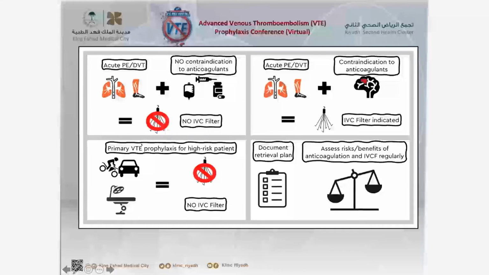The prophylactic group or the high-risk patient who can receive a prophylactic anticoagulation, like bariatric surgery or trauma patient without documented bleed, there is no strong evidence toward IVC filter insertion. Again, the risk-benefit of anticoagulation versus IVC filter should be weighed, and the retrieval of the filter, again, should be planned.